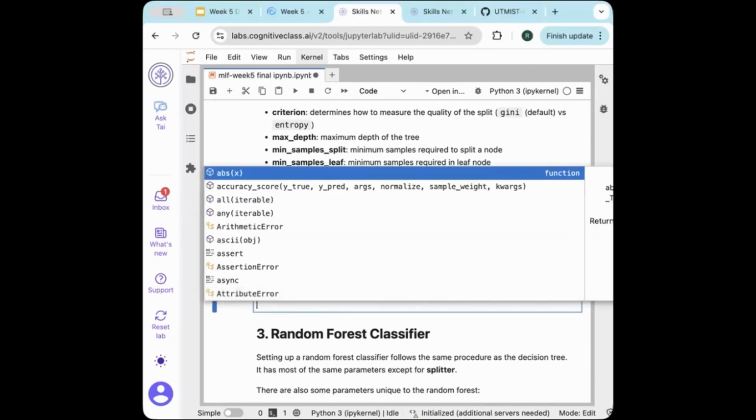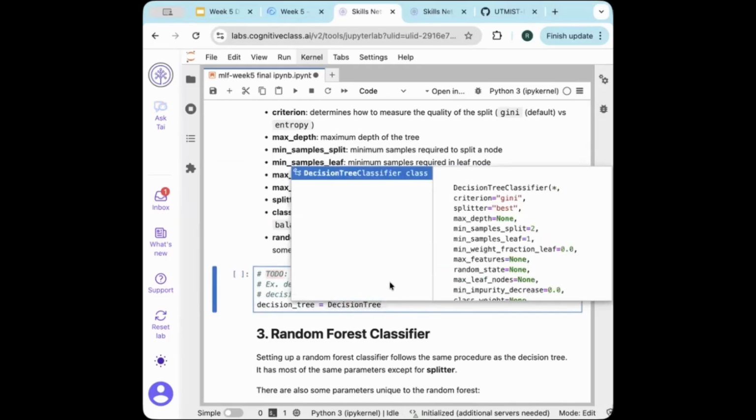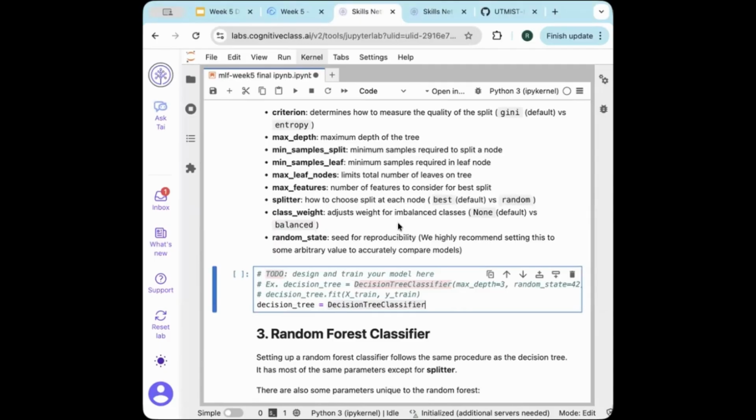And let me write the code to do this. So I'm going to define a variable decision tree. I'm going to use this decision tree classifier. Random state is basically the number for reproducibility. If you always choose the same seed, it's always going to use the same random settings.